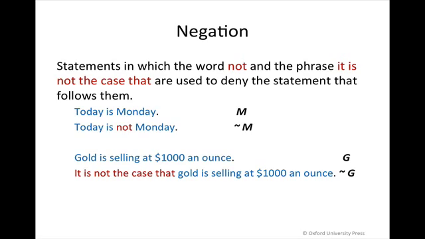Okay, now we're going to move on to each of our connectives, how we translate them from ordinary language into the symbolic notation, and then how we should read back our translated sentence. So whenever we have a rejection, a negation of some sort, we're going to use the tilde. Take, for example, the sentence, today is Monday.